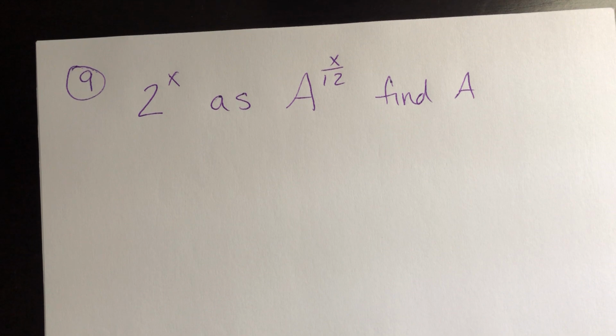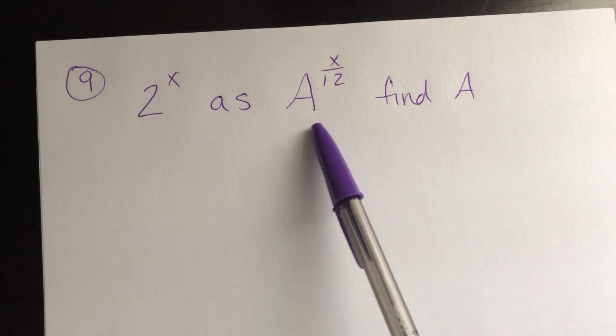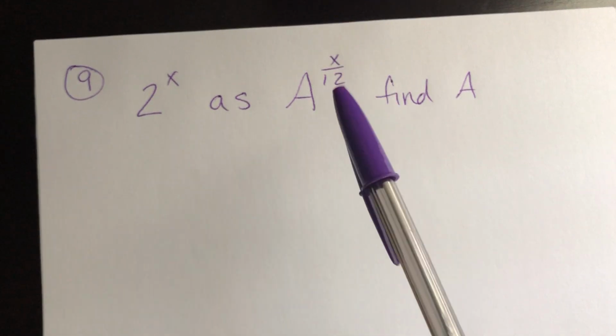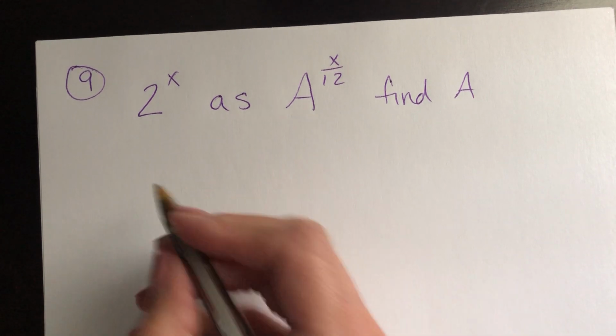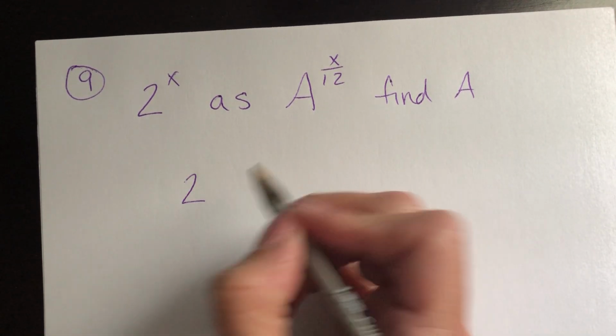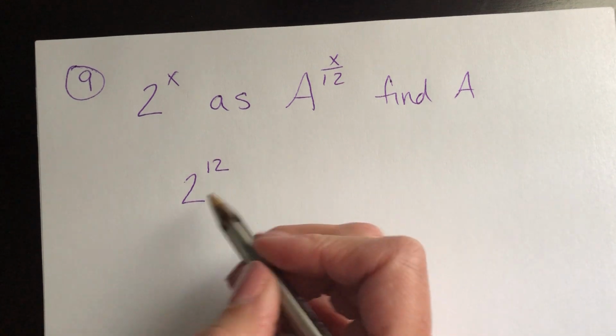So I need to know what times x/12 would just give me x. What is the reciprocal of that? What is the reciprocal of 1/12? Reciprocal of 1/12 is 12. So I'm going to do that. I'm going to do 2 times 12.